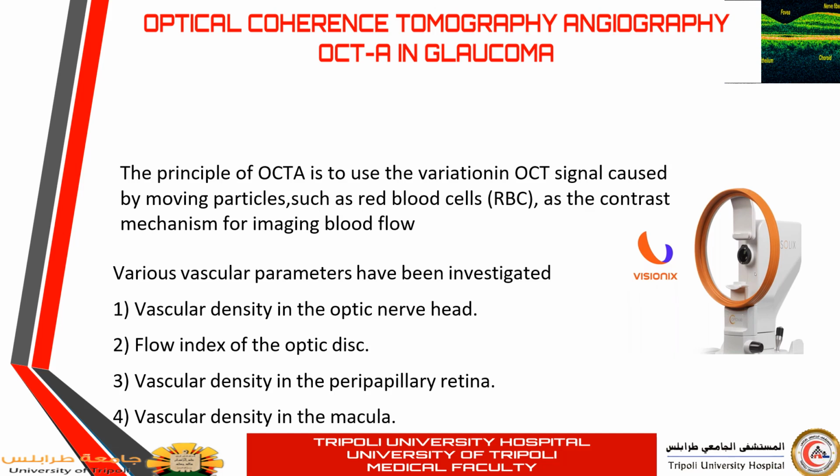This is the main principle of optical coherence tomography angiography that is based on the motion contrast. So various vascular parameters can be investigated. We investigate the vascular density in the optic nerve and peripapillary area, and also we study the flow index in the optic disc, and we can study the vascular density in the macula.